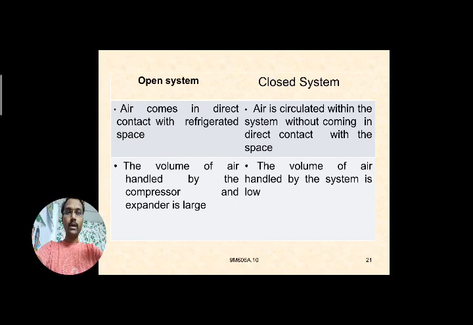It is moving within the pipes, so it will not make contact with the products or substances within the refrigerated space. That is the first difference between the open and closed system.